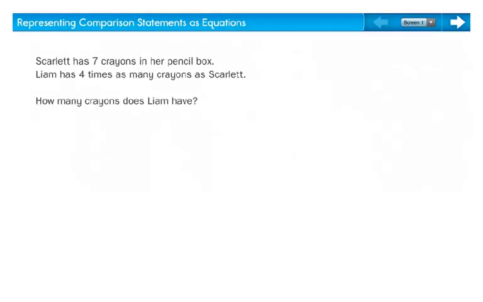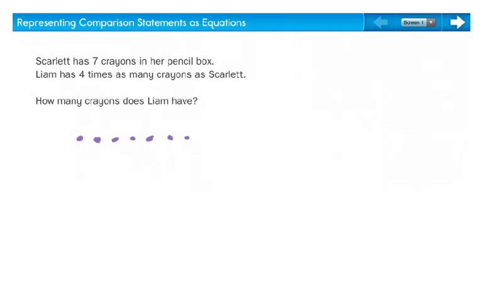Here's another one. Scarlett has 7 crayons in her pencil box. Liam has 4 times as many crayons as Scarlett. How many crayons does Liam have? I could do a visual representation of the crayons. 1, 2, 3, 4, 5, 6, 7. That would represent Scarlett.